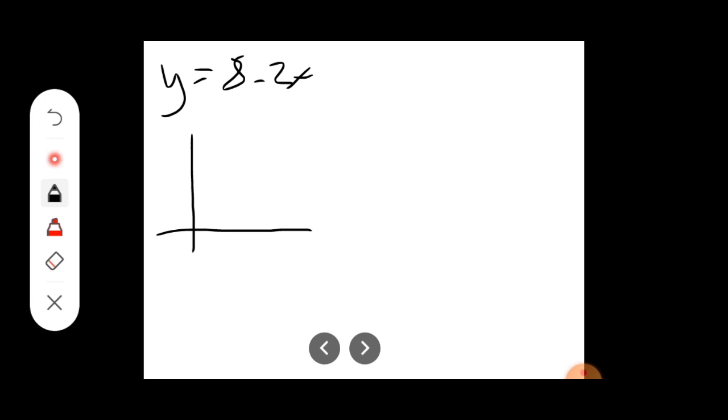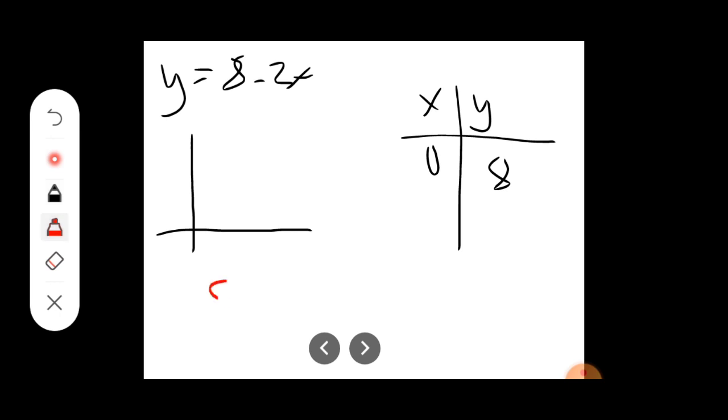Let's get the x and y intercepts since we are dealing with a linear equation. When x is 0, y is 8 minus 2 times 0, which is 8. So we have the point 0, 8. If we replace y with 0, we can see that x is going to be 8 divided by 2, which is 4.